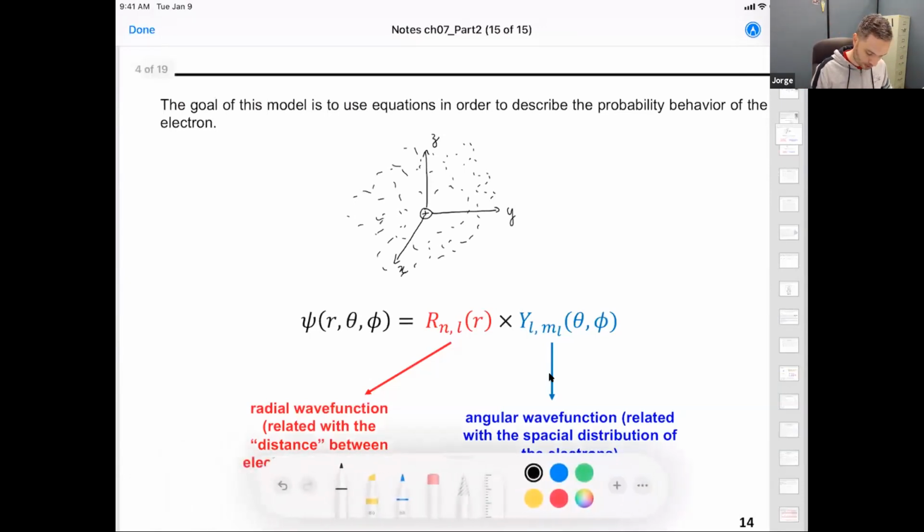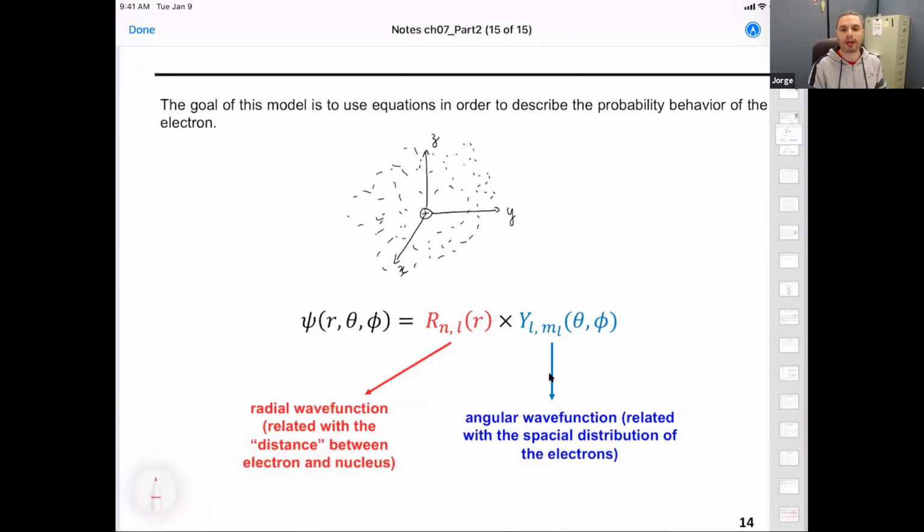Because we are working in 3 dimensions, in a 3D space, we can use the Cartesian coordinates x, y, and z. However, it's more convenient to use polar coordinates. What are the polar coordinates? So imagine that we have this position here. The distance between the electron and the nucleus is labeled as r. So we are going to have r.